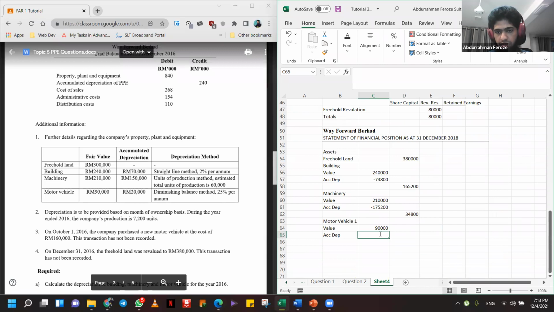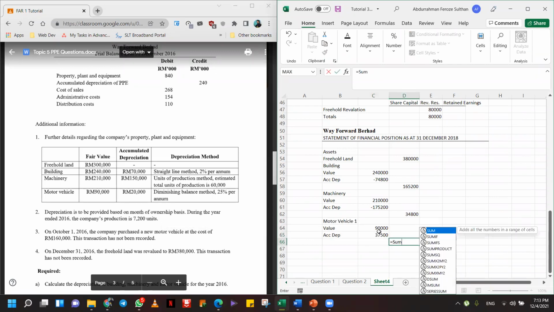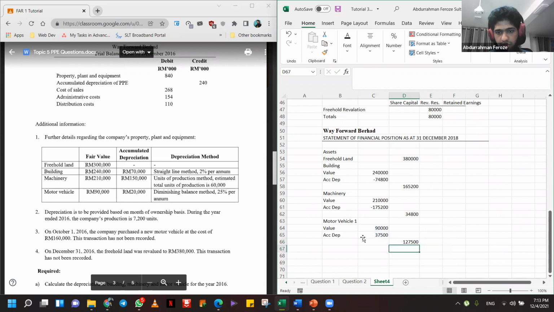So that is 37,500 equals sum. Oh wait, sorry. It should be minus. Yeah, that should be minus.